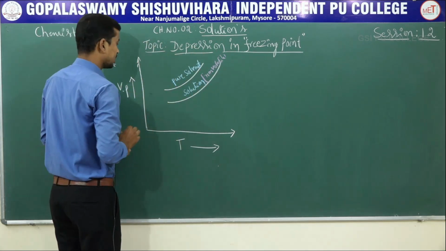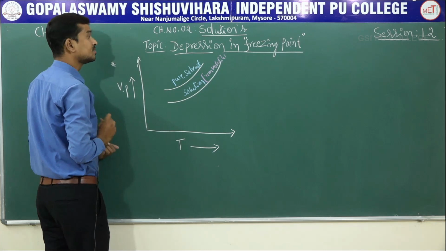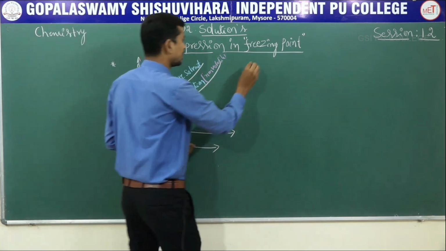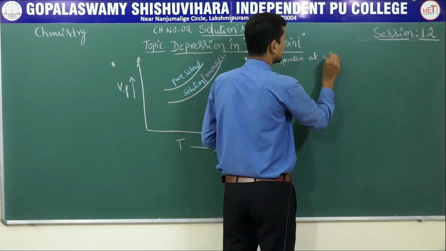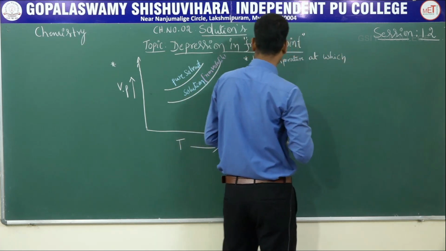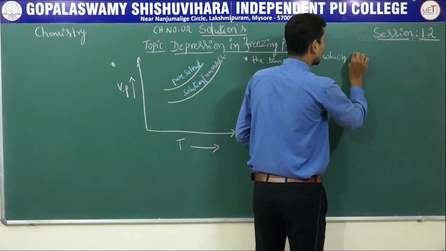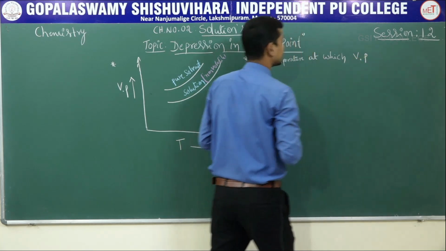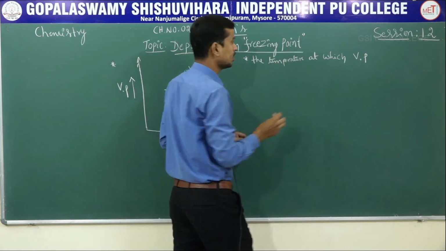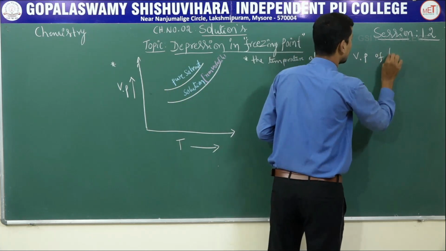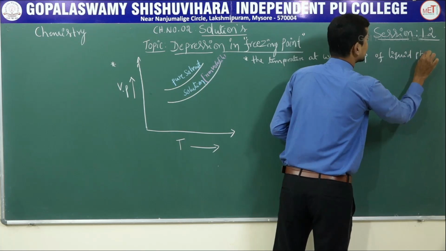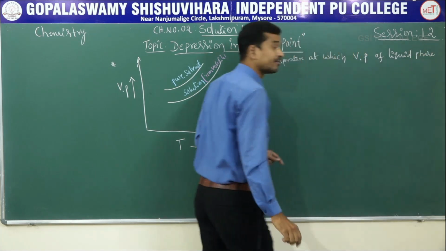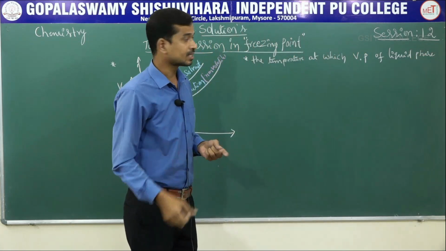Let us consider what is meant by the freezing point. The temperature at which the vapor pressure of the liquid phase, where phase indicates the physical state, is equal to that of its corresponding solid phase is called the freezing point. Suppose water and ice freeze: the component is the same, only the physical state changes.